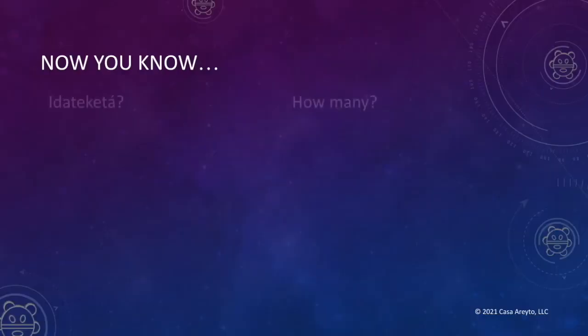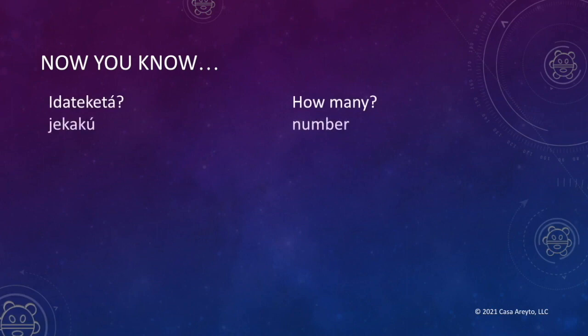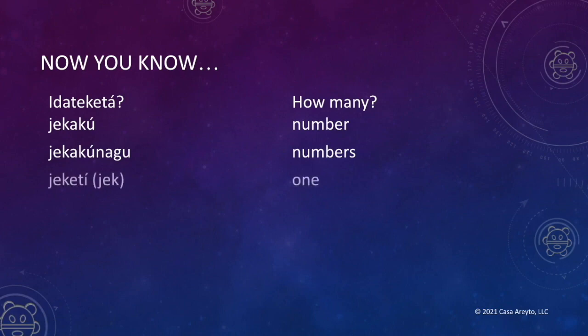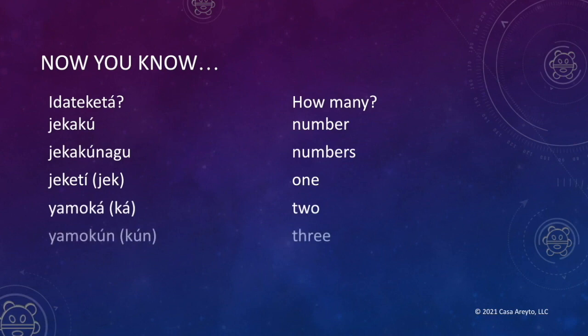So I know that was a lot to throw at you all at once, but let's review one more time all of the new vocabulary terms that we learned today. Ida tequeta, how many? Hekaku, number. Hekaku nagu, numbers. Heketi, heck, 1. Yamoka, ka, 2. Yamokun, kun, 3.